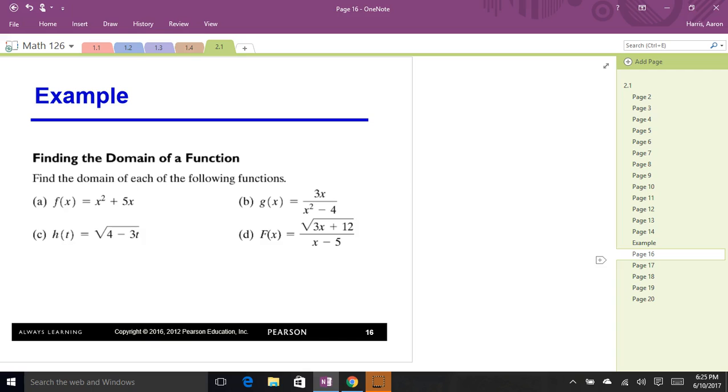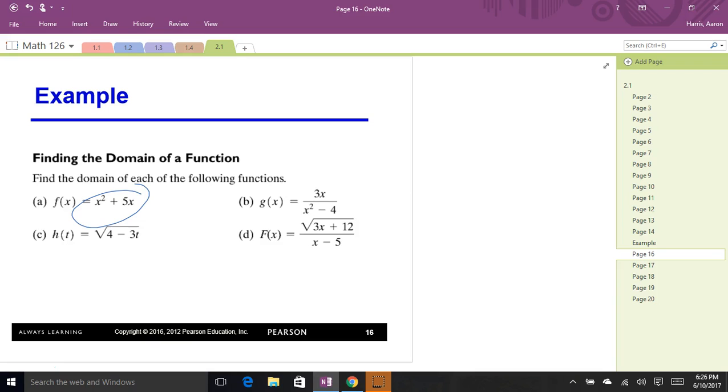The domain of a function, when you're starting out talking about domains in pre-calc, we're going to assume it's all real numbers, and then we're going to look for problems. Okay, in other words, can I put in any x that I want? The domain is the set of all real numbers. So if you look at x squared plus 5x, you say, well, I can throw in any x that I want, and it'll always spit out a y.